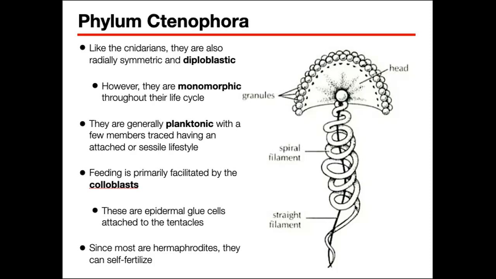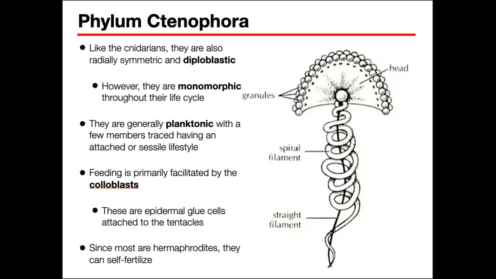Okay, so para siyang cnidocyst with that of some Cnidarians na kung saan they have these sticky na substances released from these cells that will latch on to their possible food source. And they are mostly hermaphrodites, meaning they can self-fertilize. So very much in common sila, no? Very similar sila with that of Cnidarian.